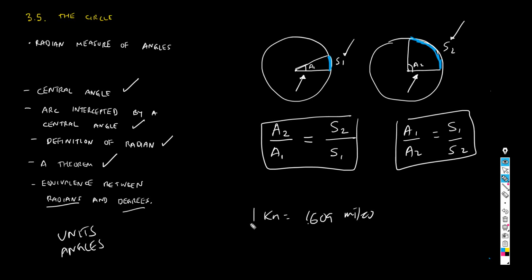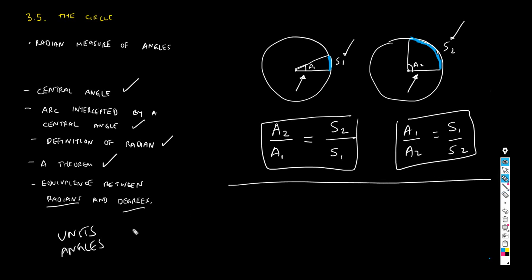That's an equivalence. So there should be an equivalence between radians and degrees. How do we get it? We're going to use this theorem.